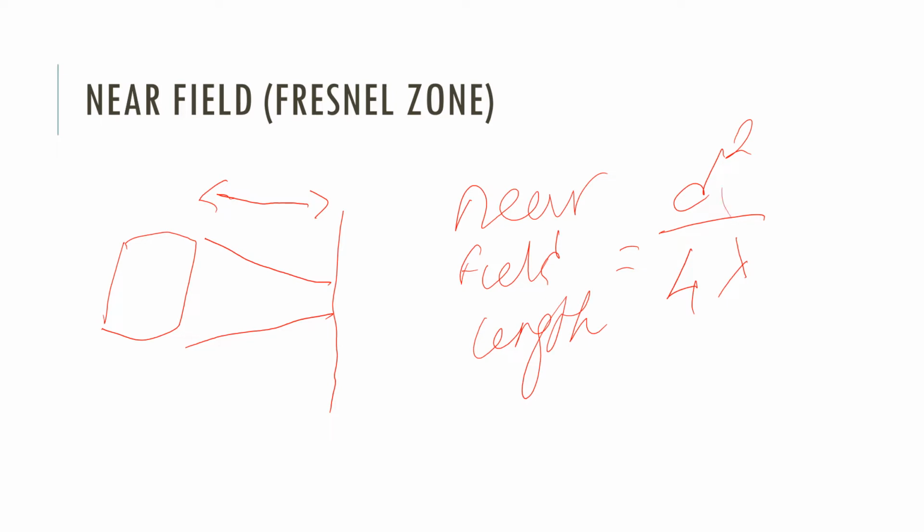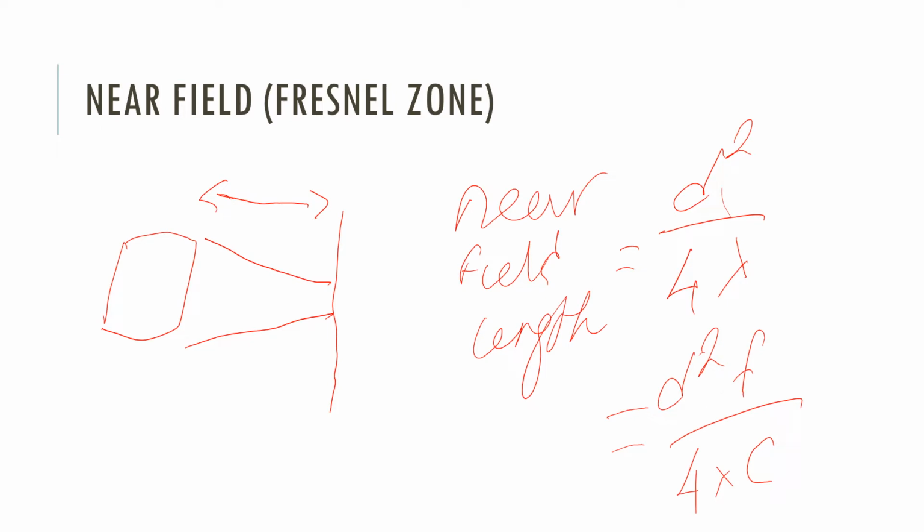Okay, so we know now that anytime we have wavelength, we can also represent that in terms of frequency. So that will be d squared multiplied by the frequency over 4 multiplied by the speed of sound in the material, or 1.544.